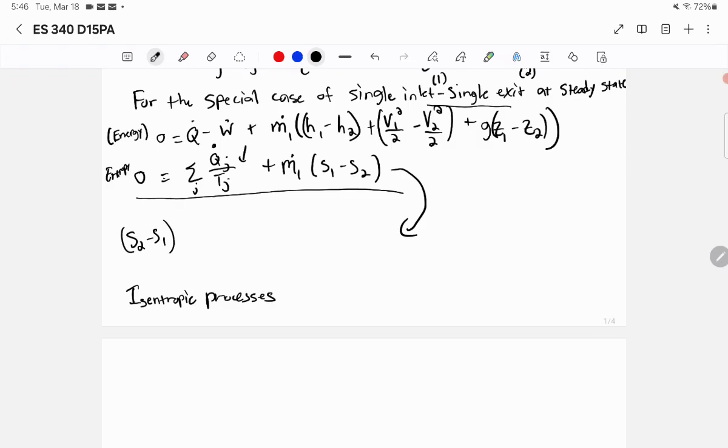So if I move this over, I get M1 dot times S2 minus S1 equal to the sum over J of Qj dot over Tj plus, I forgot my plus sigma dot here.